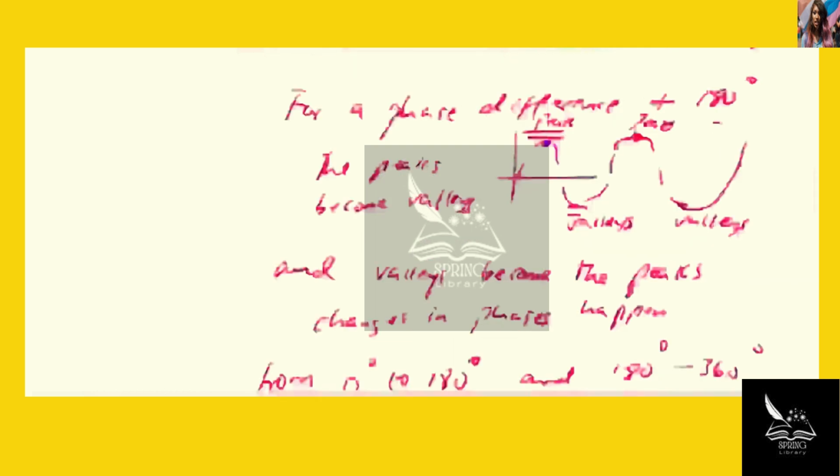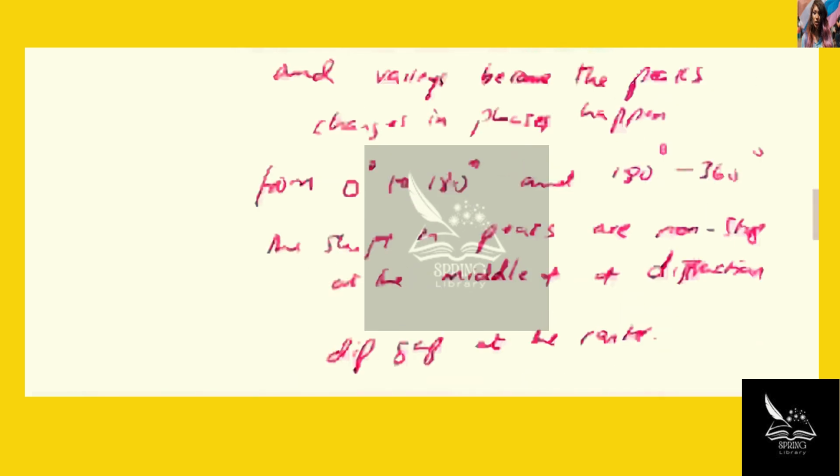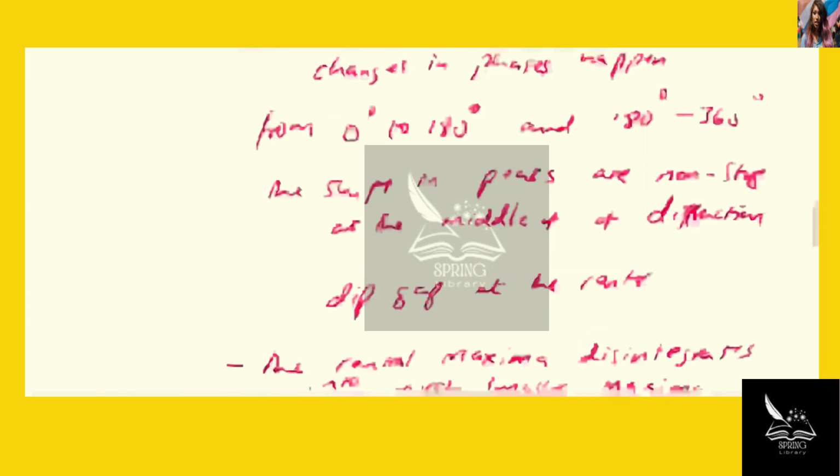And also, if there's a phase difference of 180 degrees, the peaks right here become valleys, and these valleys right here become peaks. That happens from 0 to 180, and then from 180 to 360. The shifts in peaks happen non-stop, so it's a continuous process.